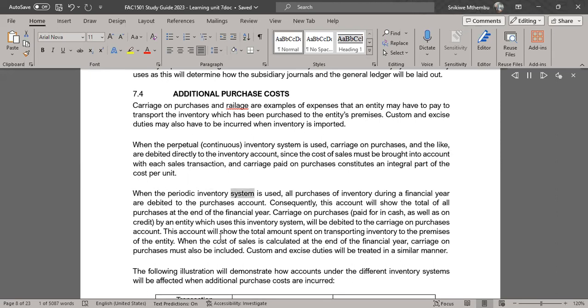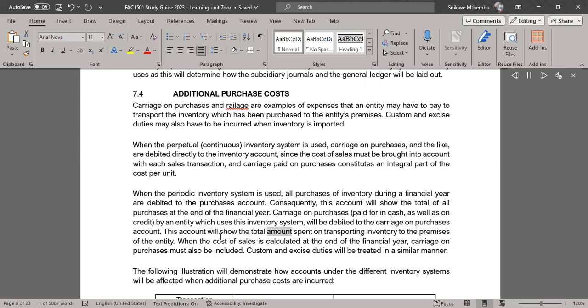When the periodic inventory system is used, all purchases of inventory during a financial year are debited to the purchases account. Consequently, this account will show the total of all purchases at the end of the financial year. Carriage on purchases, paid for in cash, as well as on credit, by an entity which uses this inventory system, will be debited to the carriage on purchases account.